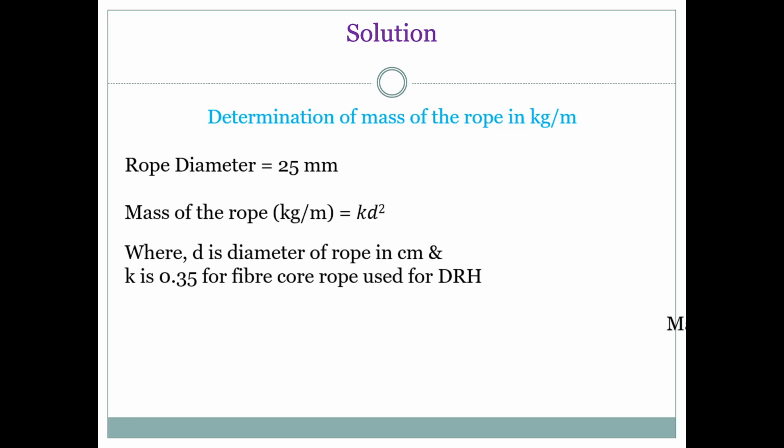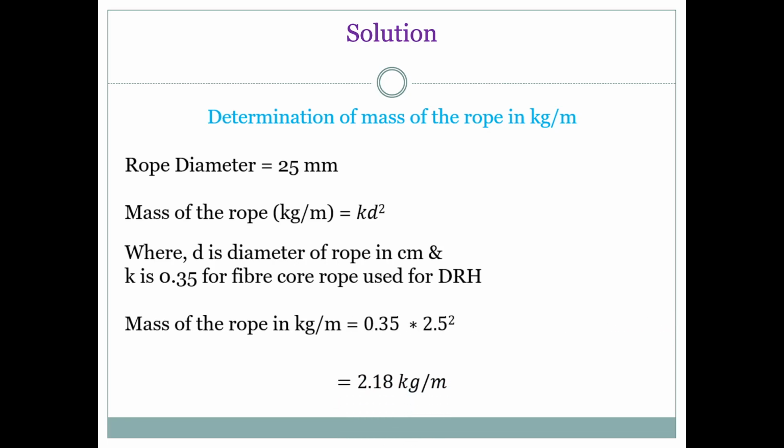So let's do the calculations. k d square. So when we do the calculations, we get a numerical value of 2.18 kg per meter.